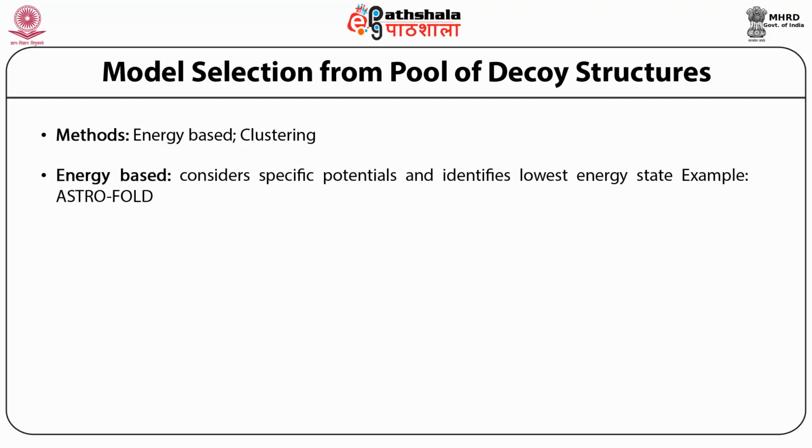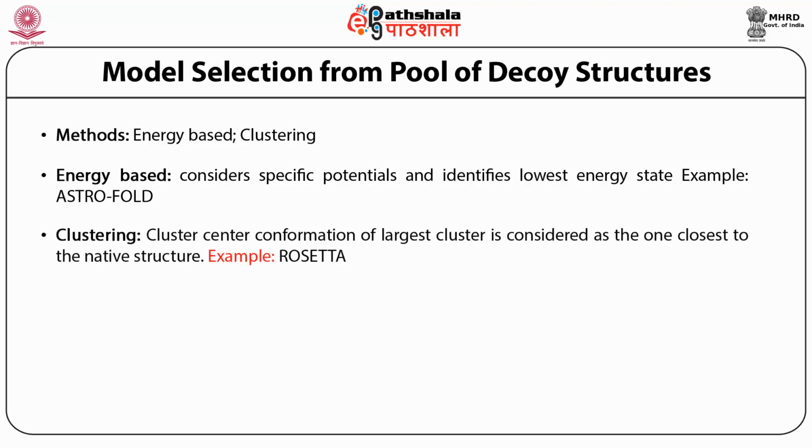In the energy-based method, specific potentials identify low energy states, for example, as the one used in the software AstraFold. In the other method, clustering, the cluster center conformation represents the largest cluster and is considered as the one that is closest to the native structure.